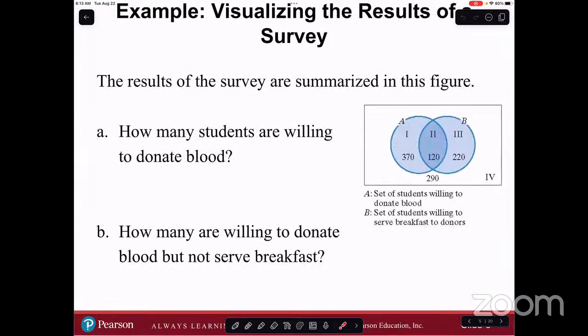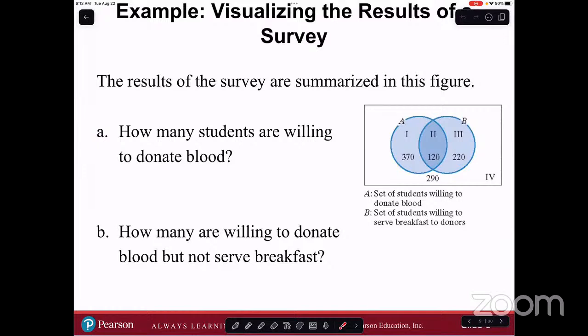So the results of the survey are summarized in this figure. How many students are willing to donate blood, and how many are willing to donate blood but not serve breakfast? When we did this before, remember we needed a little more information.